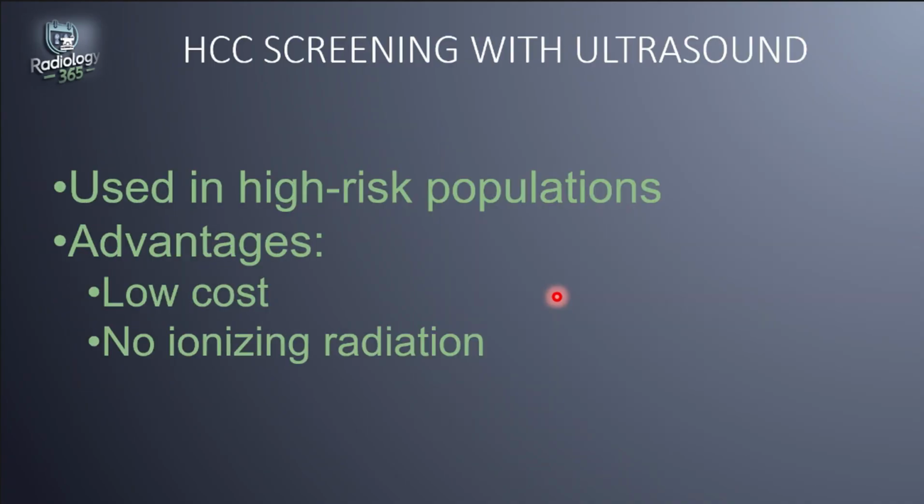Now, in patients at high risk for hepatocellular carcinoma, ultrasound is commonly used for screening due to its affordability and its safety profile. It's a non-invasive, repeatable tool, although its sensitivity can be limited, especially in obese patients or in those with cirrhotic livers.